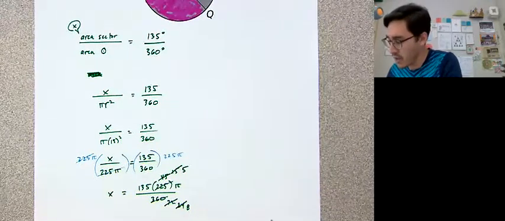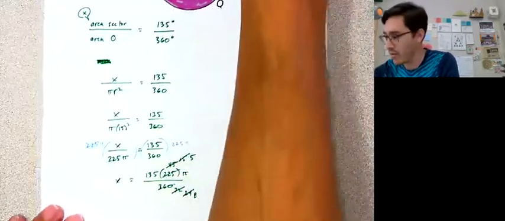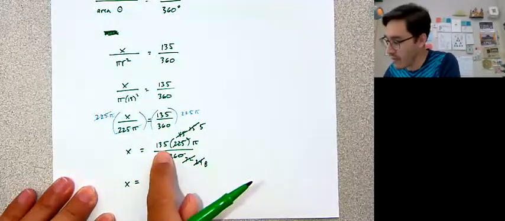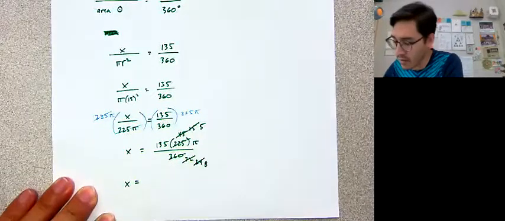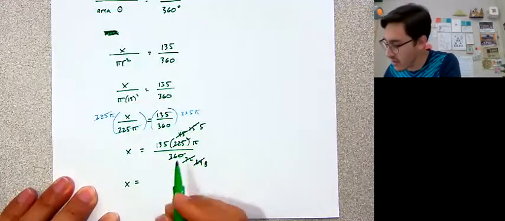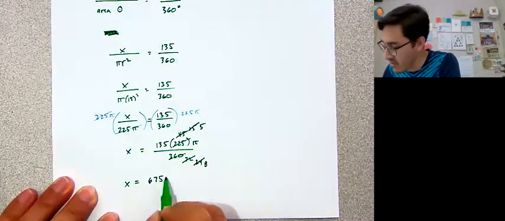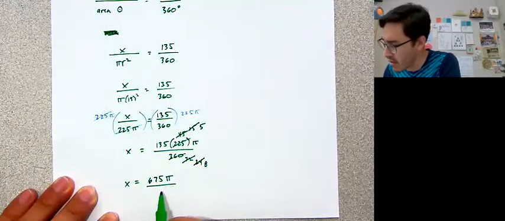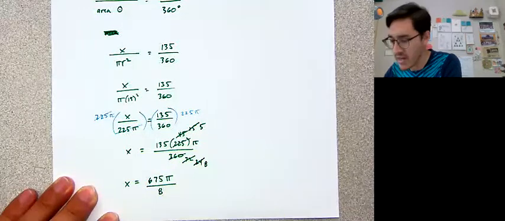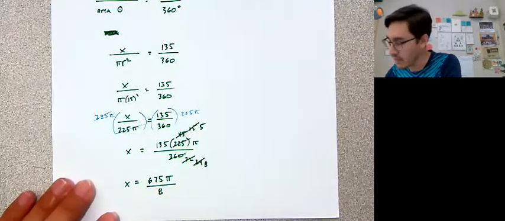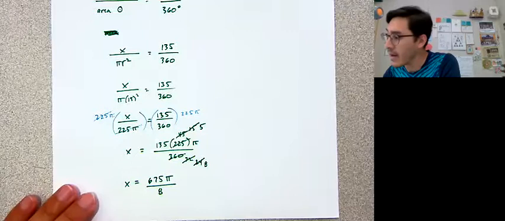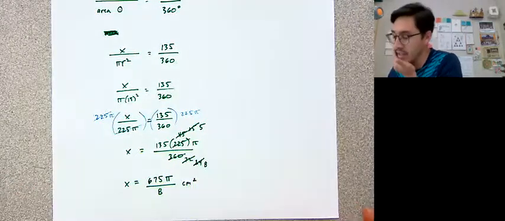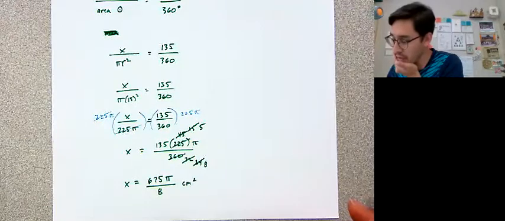Okay, so what we end up with, after all that simplifying and reducing, we have x is equal to 135 times 5 times pi. So that's 675 pi over 8. And this is going to be centimeters squared, right? Because the units of area are squared units.